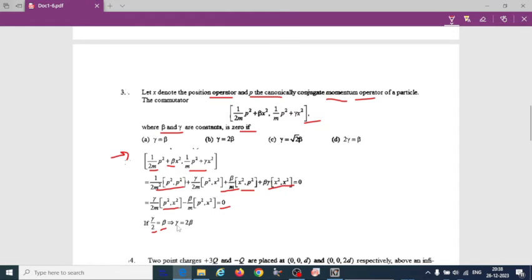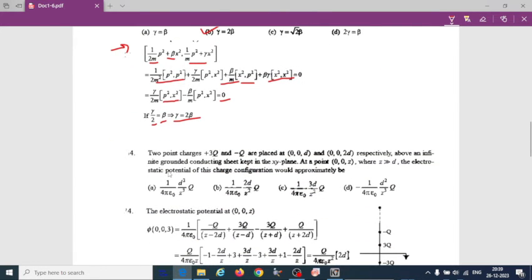Then gamma is equal to what? 2 beta. So the given commutation relation is going to be 0 when gamma equal to 2 beta. So option B is correct.